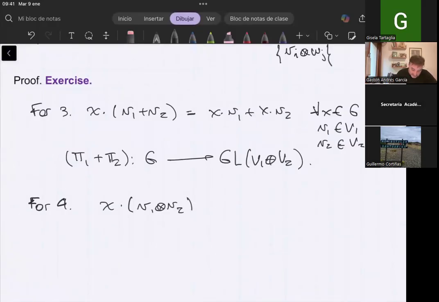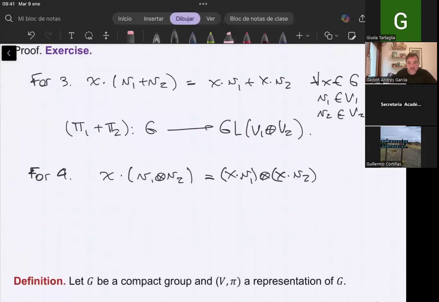So we call these kinds of elements elementary tensors. The action on an elementary tensor is given by: we act on the first one and we act on the second one. Just simply like that, okay? And how do we act on a sum of these elements? Just by acting on each summand, okay? We linearize this notion. So this is for every v1 in V1 and every v2 in V2.